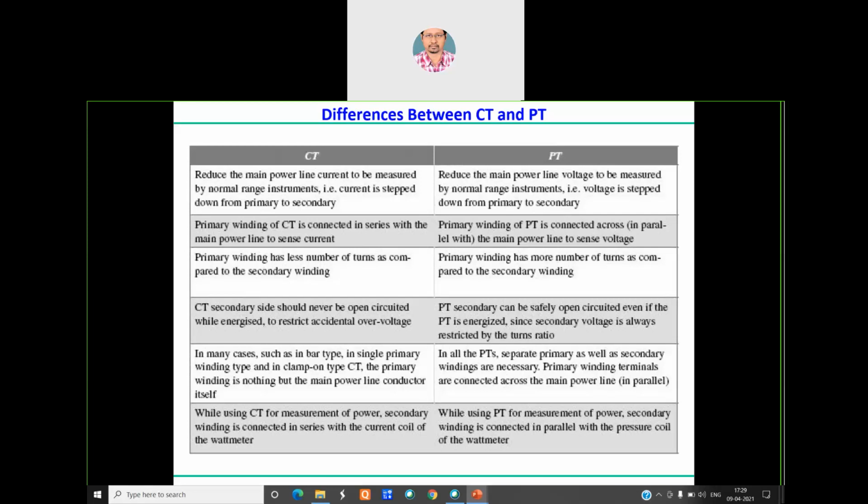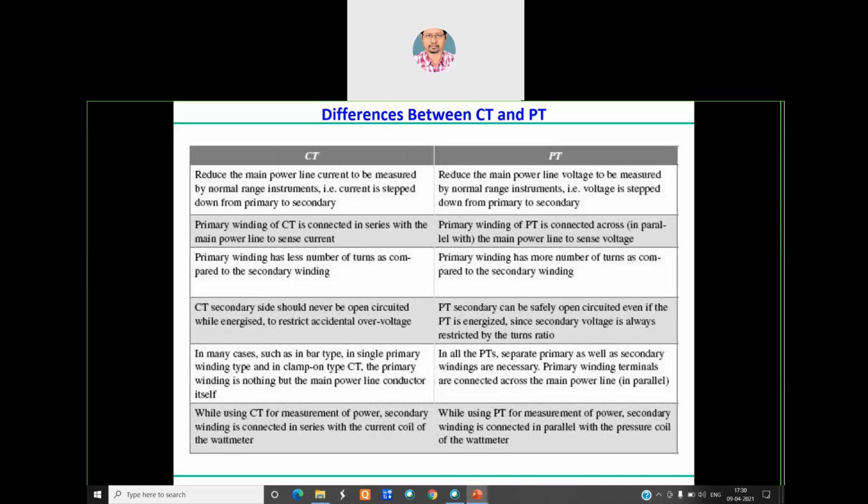Remember, because the current transformer is connected in series, a clamp can just hang on the main power line and be treated as the primary winding. The primary coil of the CT is connected in series in any way. Whereas you need dedicated primary and secondary windings for the potential transformers.